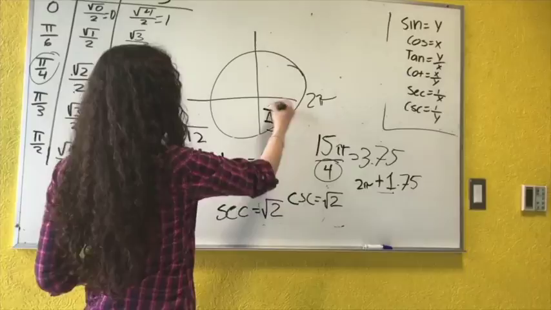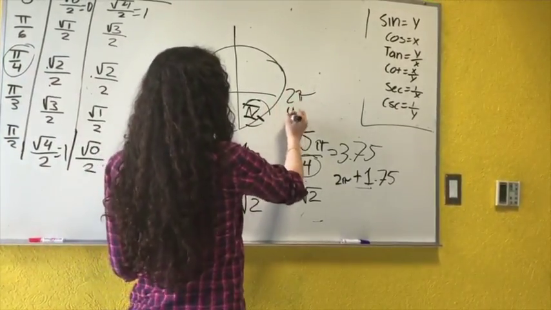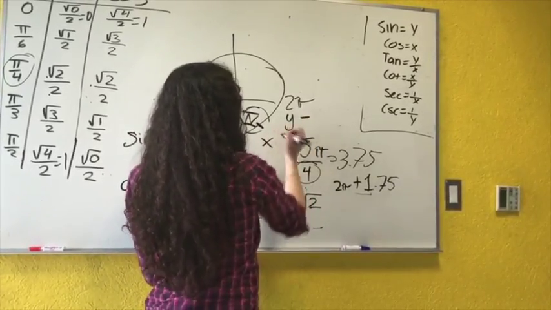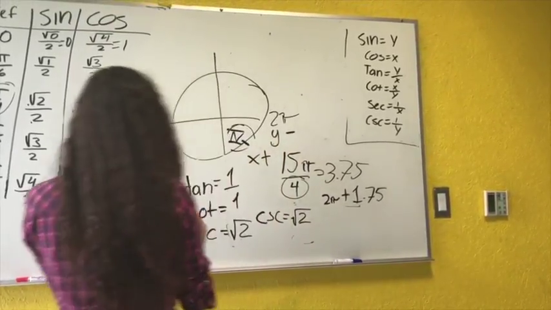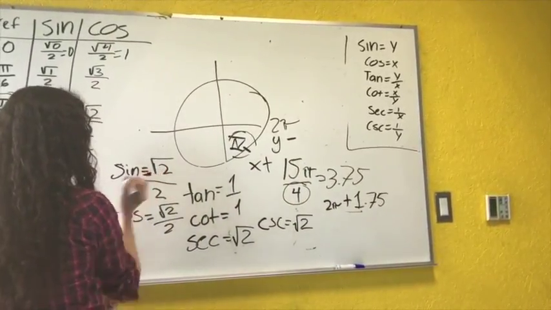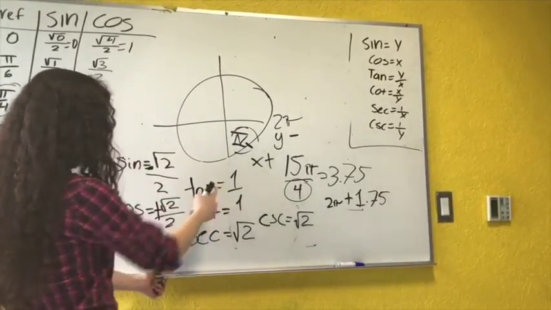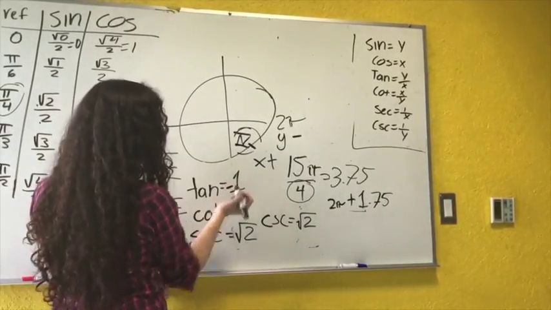So we are in the fourth quadrant, and y or sine, it's going to be negative, and x or cosine is going to be positive. So we have sine negative, cosine positive, and the tangent we're going to have negative over positive, so it's going to be a negative number.